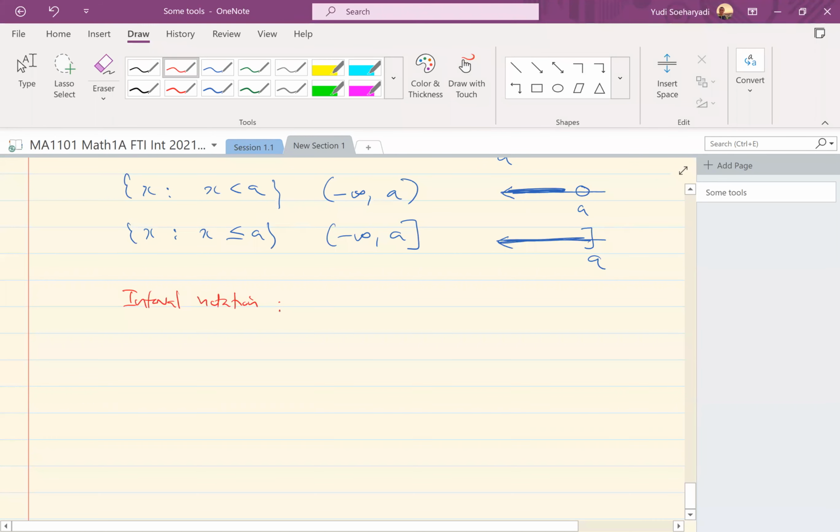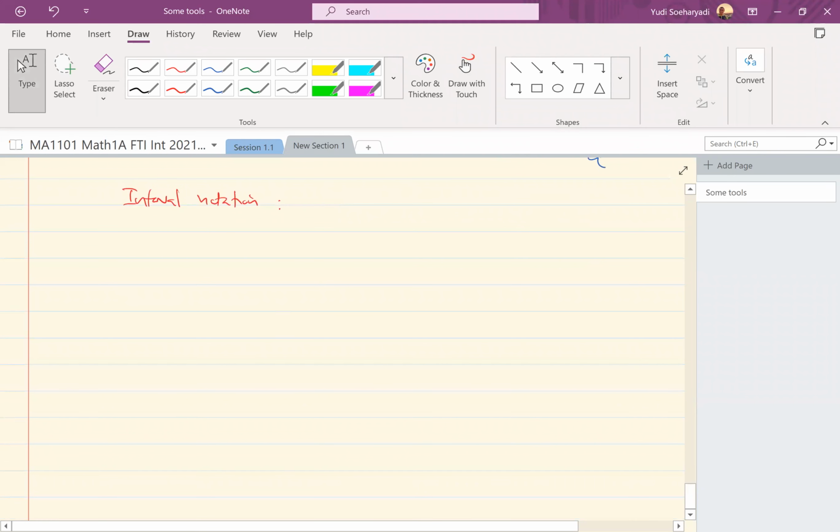Okay, so how to solve inequalities then? All right, so compound inequalities. Doesn't matter. All right. There are some rules.